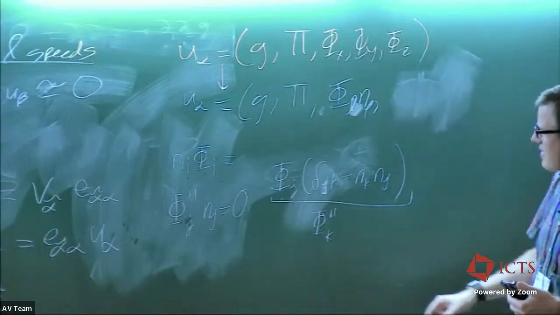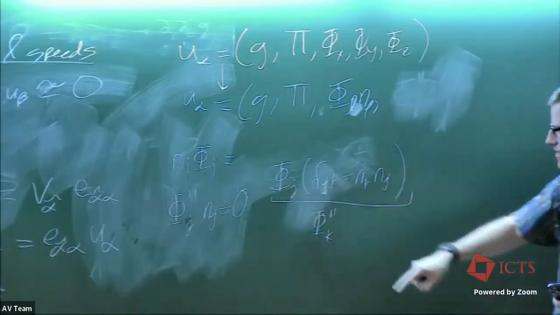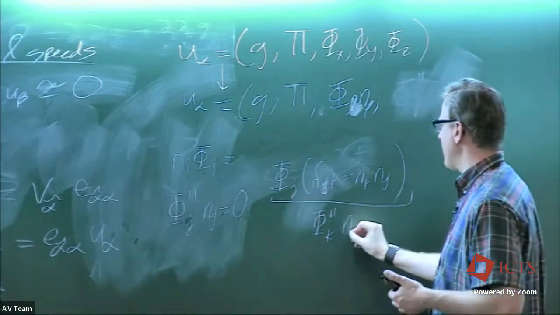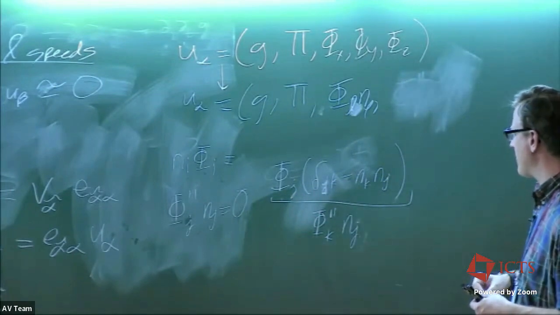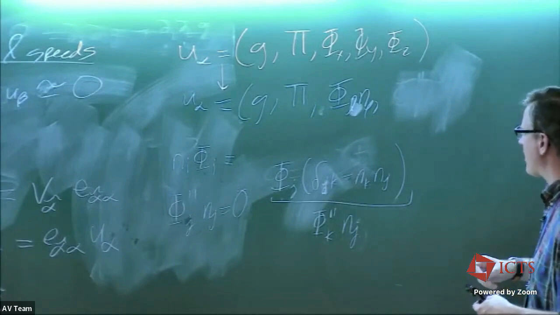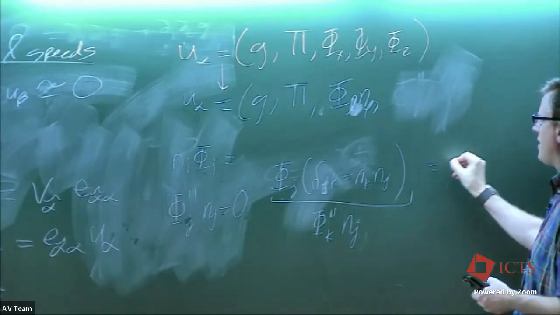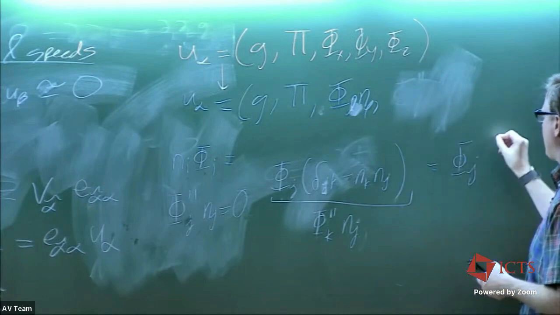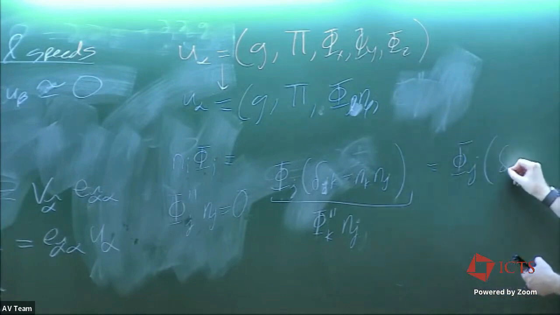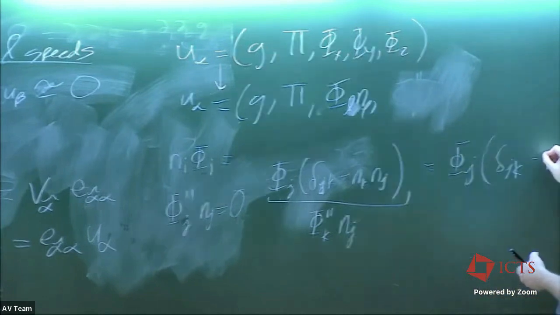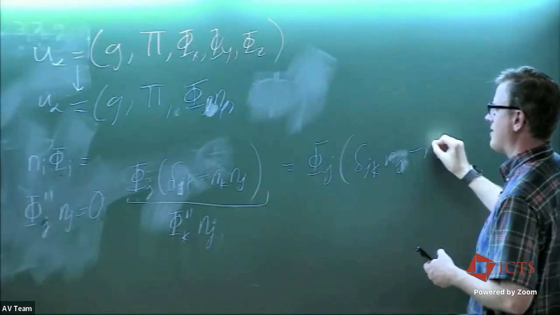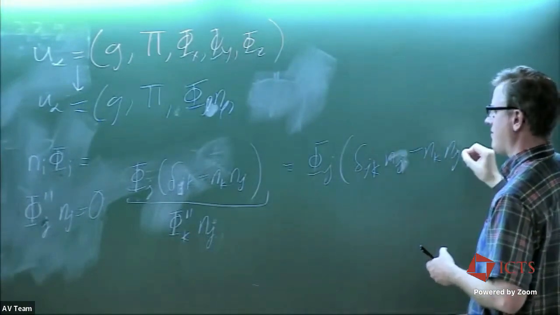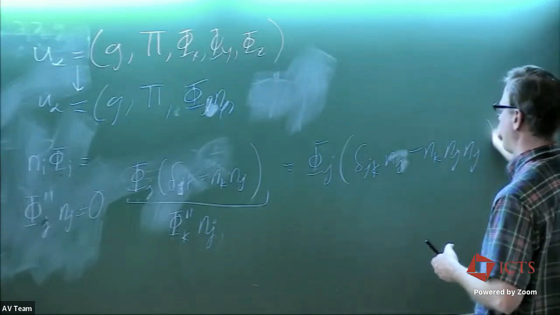Then let's check if that satisfies this by multiplying and summing with an nj. So then this would become phi j times delta jk nj minus nk nj nj.